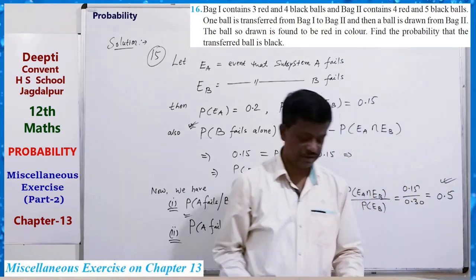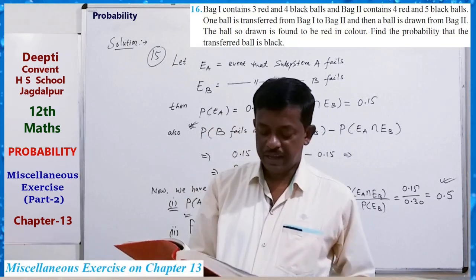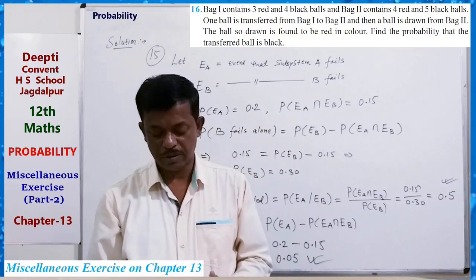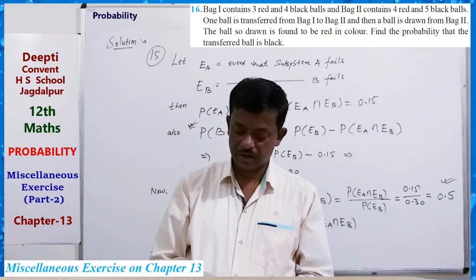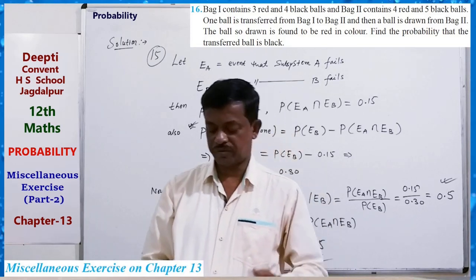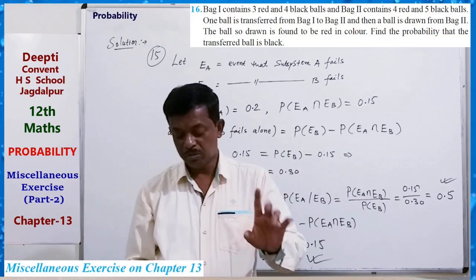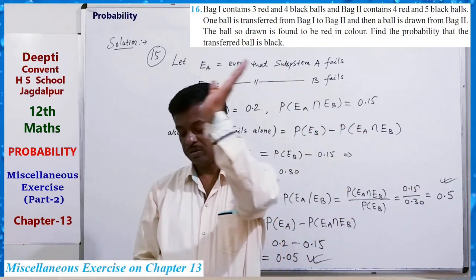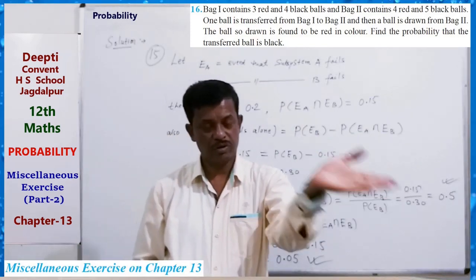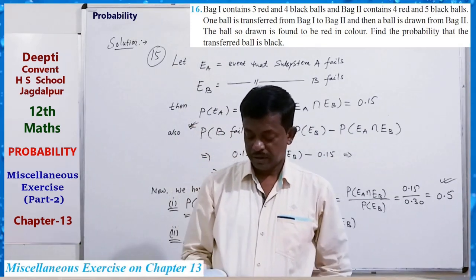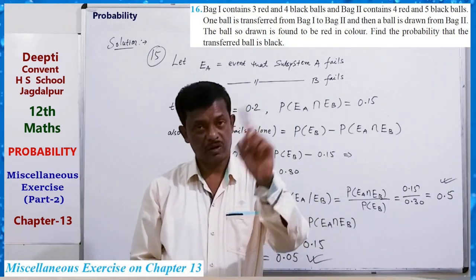See here what? Bag 1 contains 3 red, 4 black balls. Bag 2 contains 4 red, 5 black balls. One ball is transferred from bag 1 to bag 2. Then a ball is drawn from bag 2.